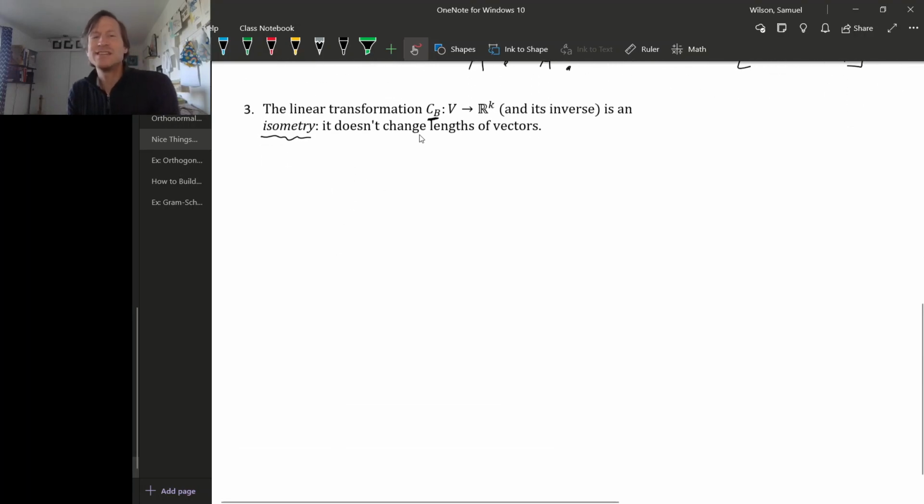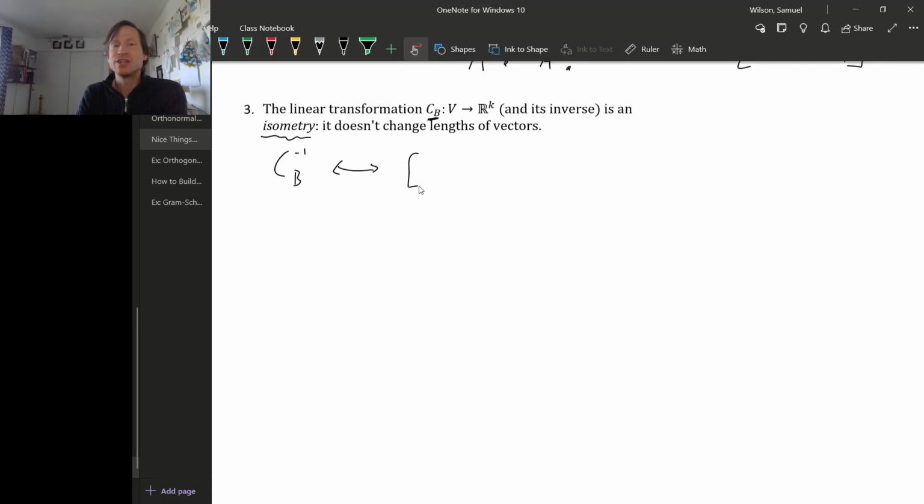It's a little easier to work with the inverse of this coordinate transformation. Remember that one of the things we proved is that the matrix of the inverse of this coordinate transformation is just the matrix you get by putting your basis vectors into a matrix as columns.